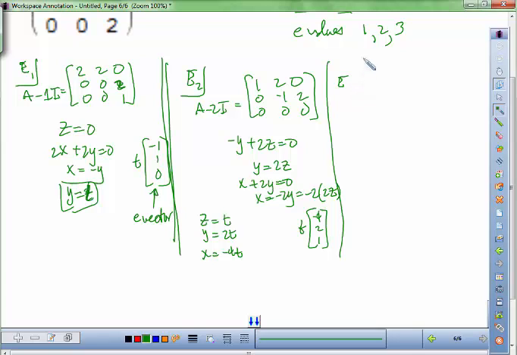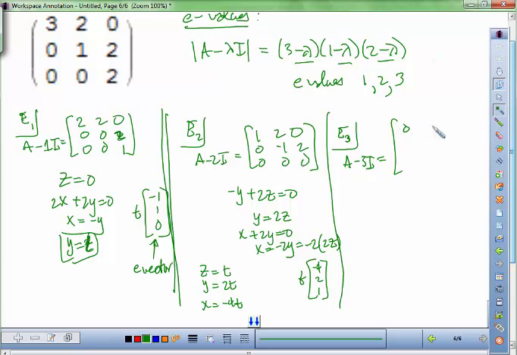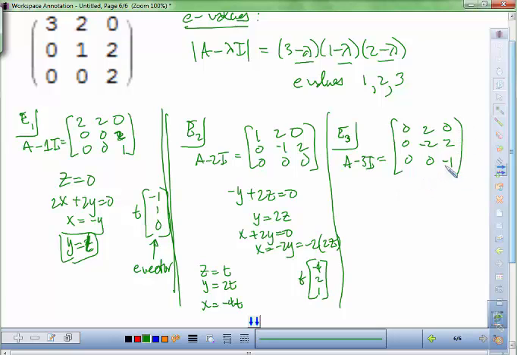So our third eigenspace that we want to look for is for the eigenvalue of 3. So A minus 3I. Subtract 3 from the diagonal, so you got 0, 2, 0, 0, minus 2, 2, 0, 0, negative 1. So with the last, we should work this out and reduce. If we reduce, the second row can disappear, right?